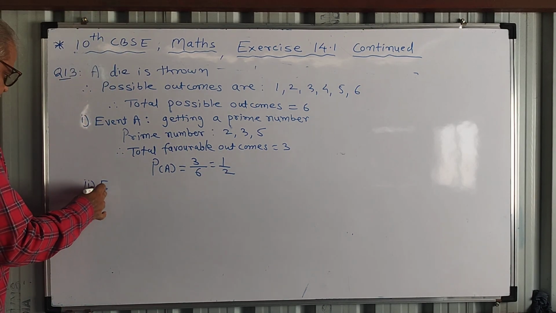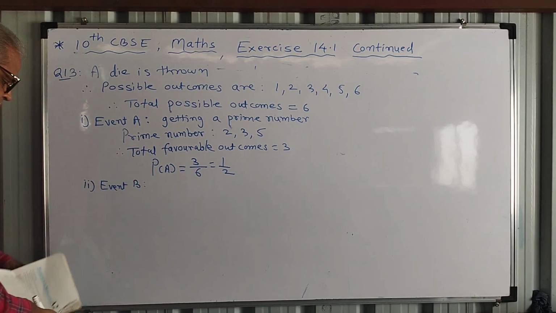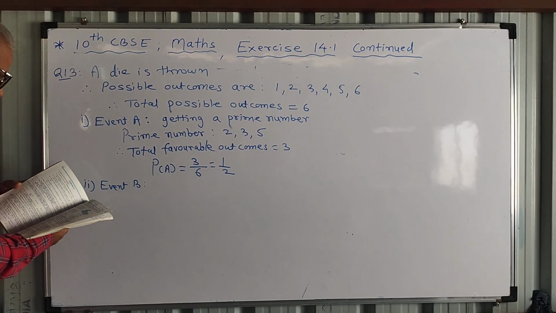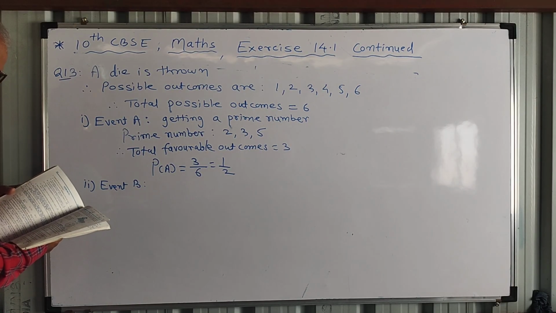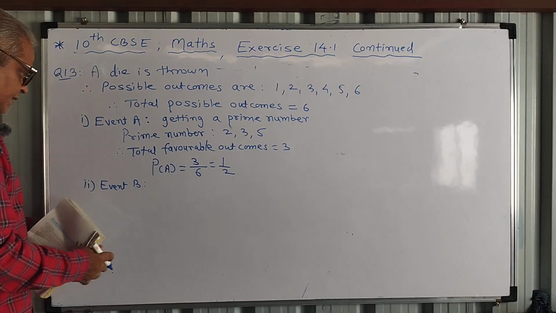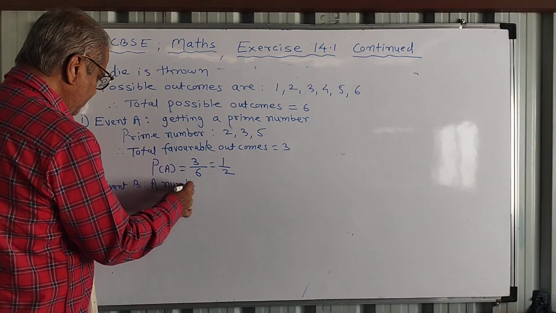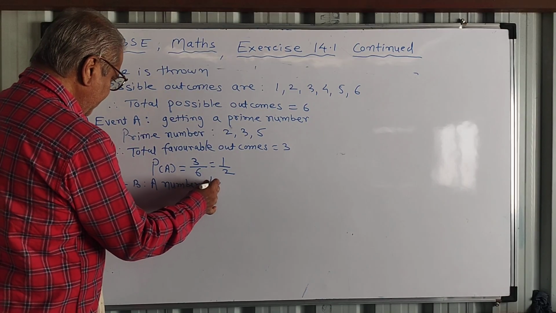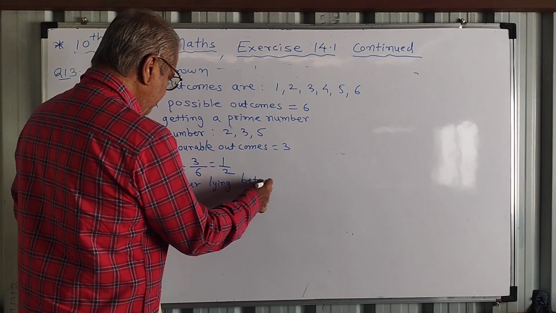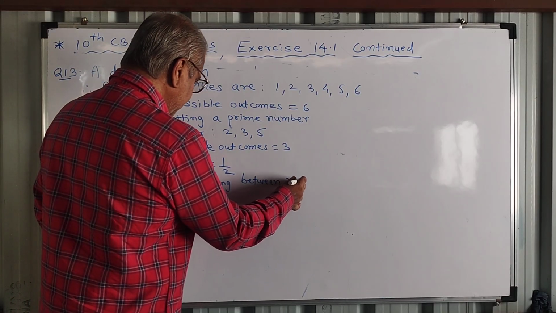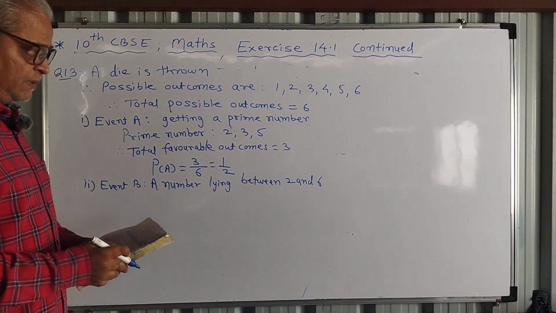Second, event B, a number lying between 2 and 6. See, there is a difference between numbers between and numbers from.